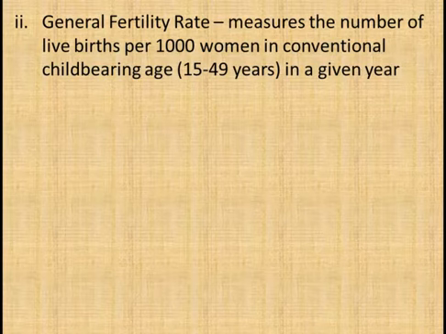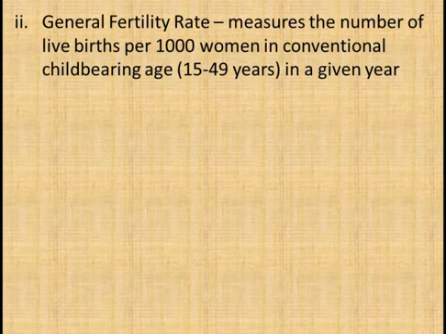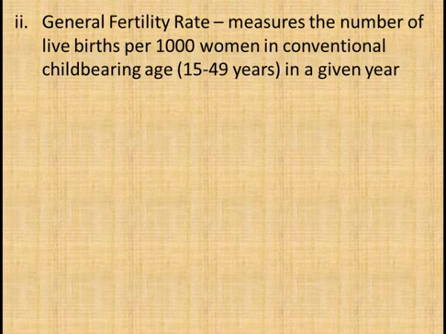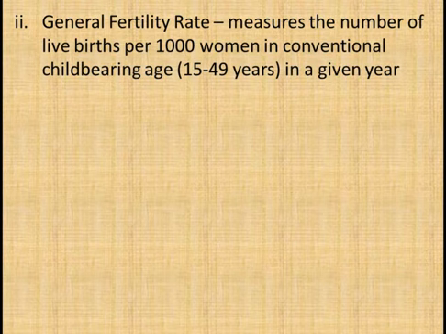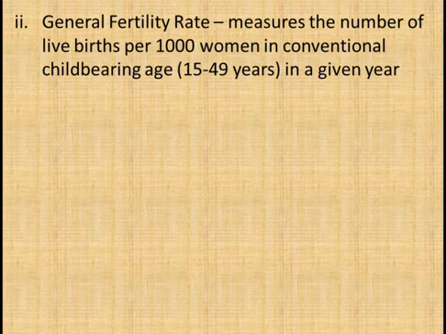The general fertility rate measures the number of live births per 1000 women in conventional childbearing age. And remember the childbearing age is from 15 to 49 years. This measure is calculated per year.